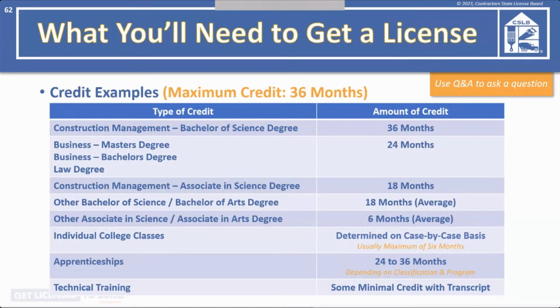Then that corporation can apply for a license. And on that license, the qualifier can be any of the previously stated people. So one of the officers as a responsible managing officer or a responsible managing employee are both options for a corporation. For an LLC, you have the addition of one of the responsible managing members or managers that's listed at Secretary of State, as well as an LLC responsible officer or employee.